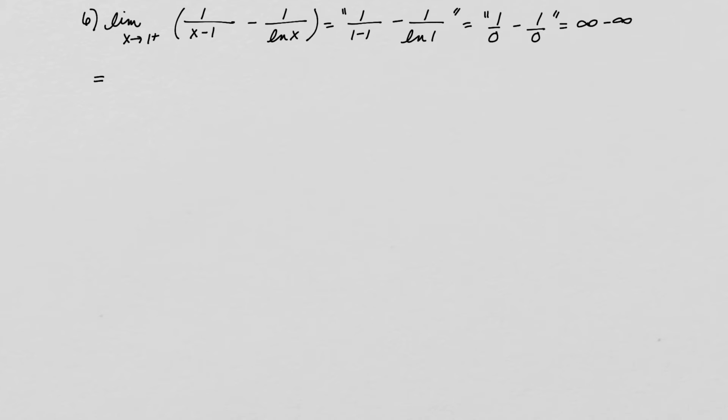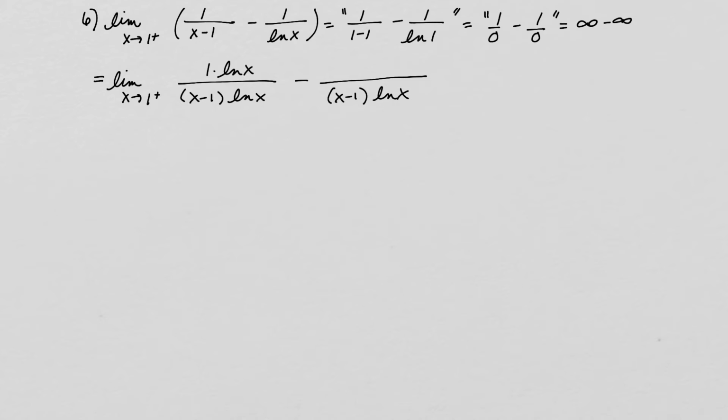I want to be able to use L'Hopital's, so I want to make a common denominator and get it into one fraction. We have the limit as x approaches 1 from the right, and my common denominator is going to be x minus 1 times the natural log of x. The first fraction was missing the natural log of x, so I multiply the top by the natural log of x. The second fraction was missing the x minus 1, so we take x minus 1 times 1.